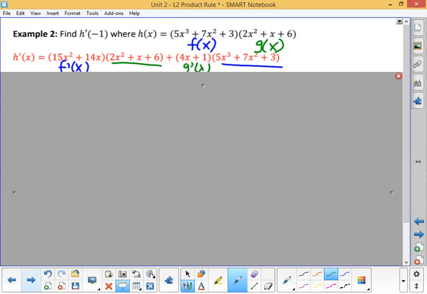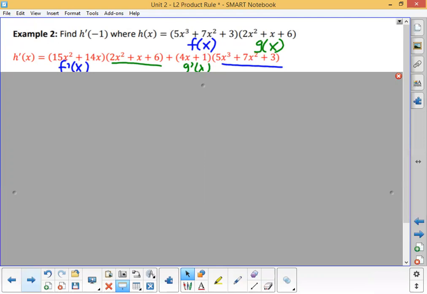So notice we don't have a constant or a monomial because a trinomial gives us a binomial in the derivative. 5x cubed, if I apply the power law, becomes 15x squared. 7x squared becomes 14x. Positive 3 goes away because applying the power law to a constant turns that into 0. 2x squared turns into 4x.